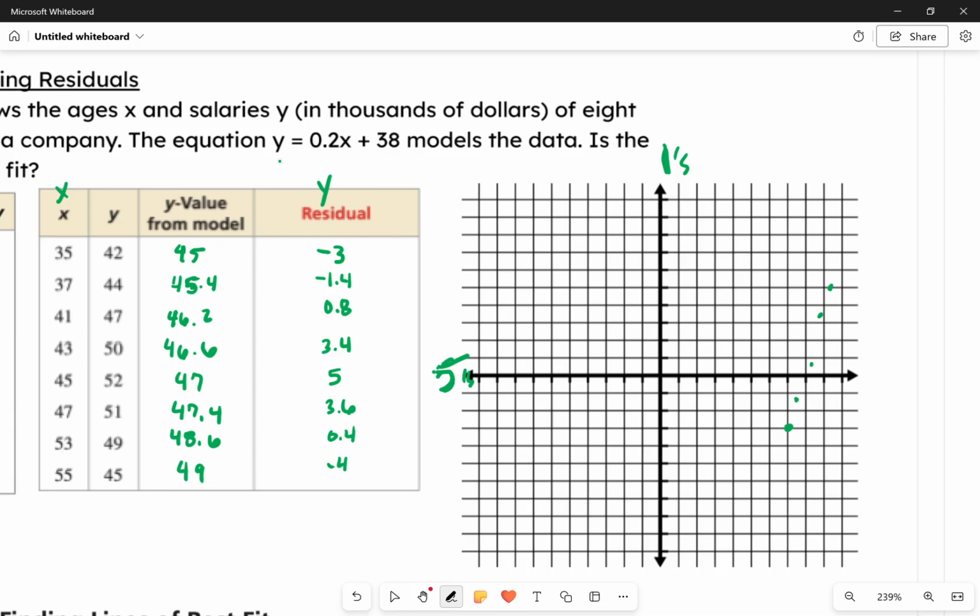Sorry, 45. Oh, hang on. I jumped ahead. I said 47.5, it should be 45.5. I was looking at the wrong coordinate. I'm so sorry. Hang on. 5, 10, 15, 20, 25, 30, 35, 40, 45, 50.